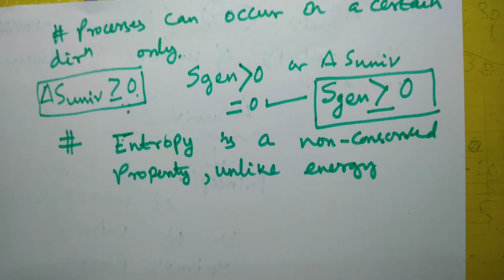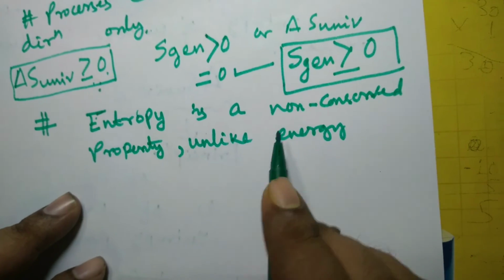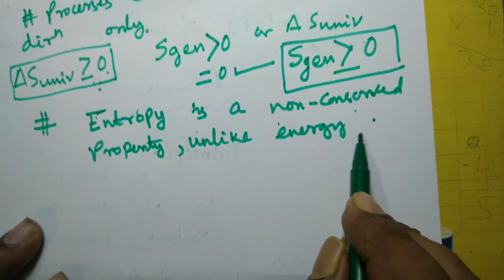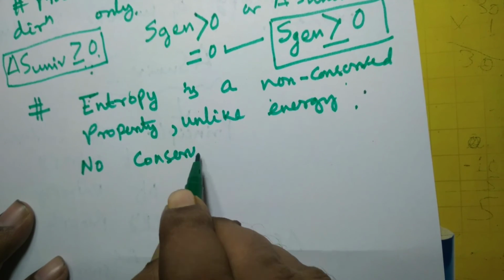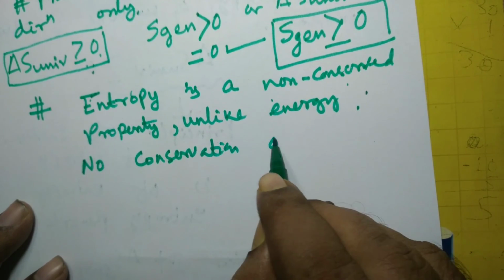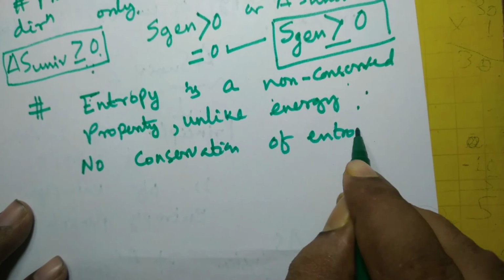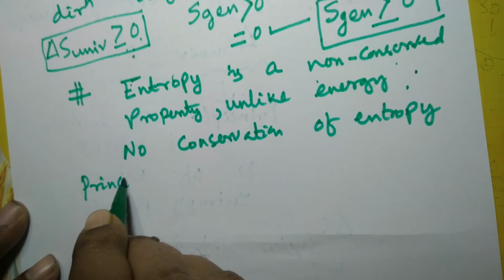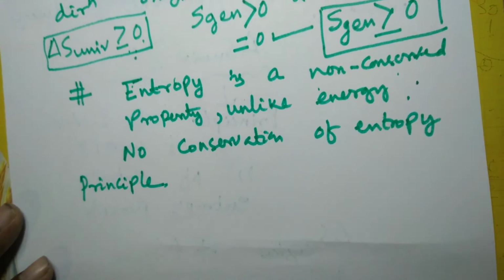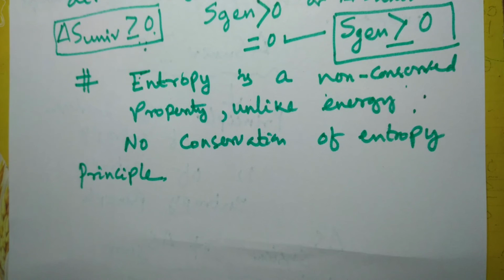But energy is conserved, the energy conservation principle is there. Because energy is a conserved property and entropy is a non-conserved property, no conservation of entropy principle is there. But the energy conservation principle is there according to the first law of thermodynamics.